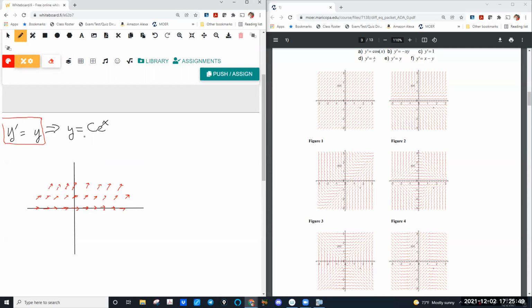Ideally, these lines would all be the same size. I'm having a tough time getting them to come out the same size. If we go up to 3, it gets even steeper.